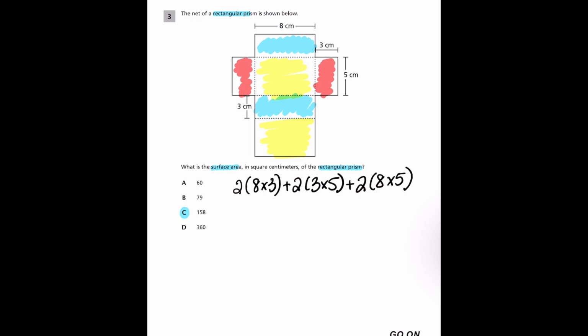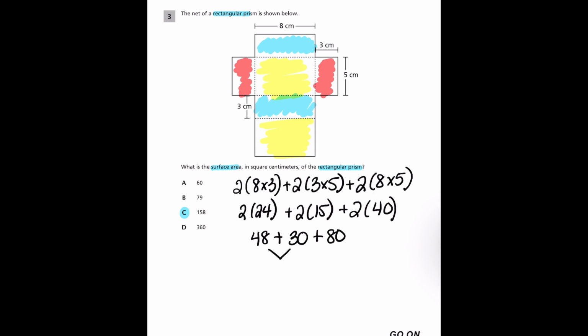And now I'll just simplify it. I'll do what's in parentheses first. 2 times 24 plus 2 times 15 plus 2 times 40. 2 times 24 is 48. 2 times 15 is 30. 2 times 40 is 80.